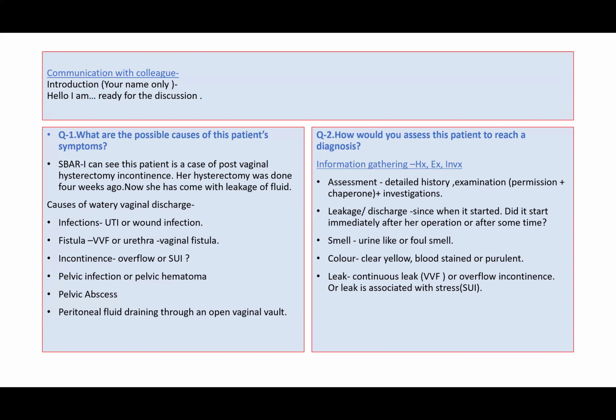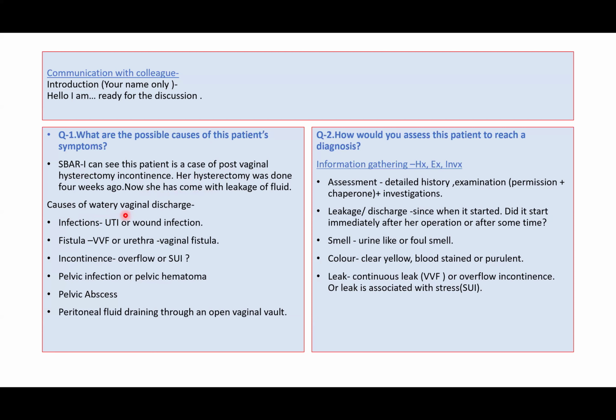All right. Hello, I'm Bushra and I'm ready for the discussion. So what are the possible causes of this patient's symptoms? Always start with the SBAR. So what is the situation here? This patient is a case of post-vaginal hysterectomy incontinence. Her hysterectomy was done 4 weeks ago and now she has come with leakage of fluid.